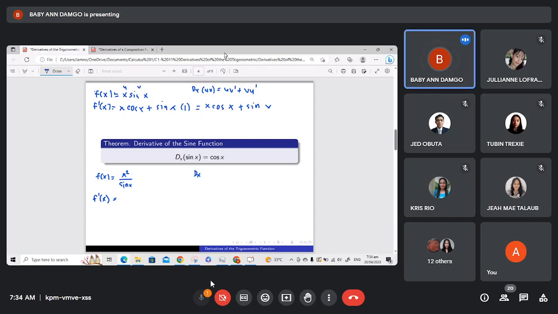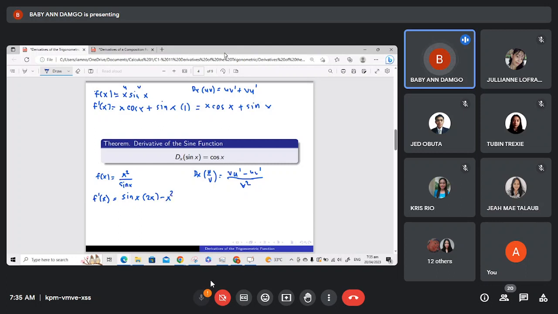So, for the quotient rule, it's equal to v u prime minus u v prime all over v squared. Okay? So, this is for v. So, copy na nimo ang sin x. So, derivative of x squared is 2x minus, so copy ang x squared.